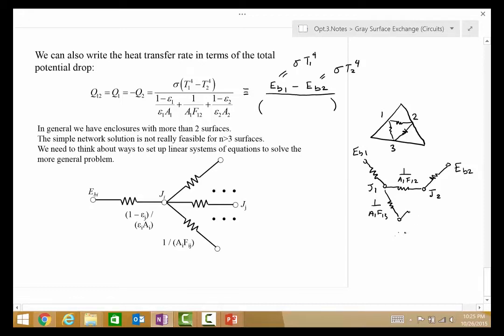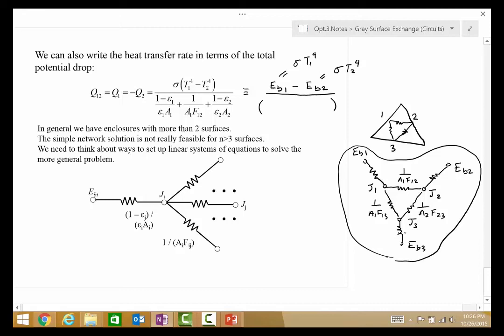Okay. Label that J3, 1 over A2 F23, Eb3. So this is as complicated a case as we can really do with the circuit analogy.